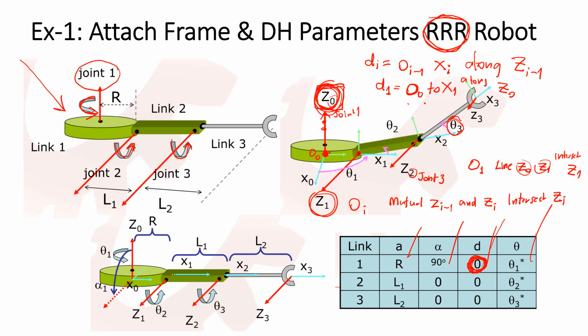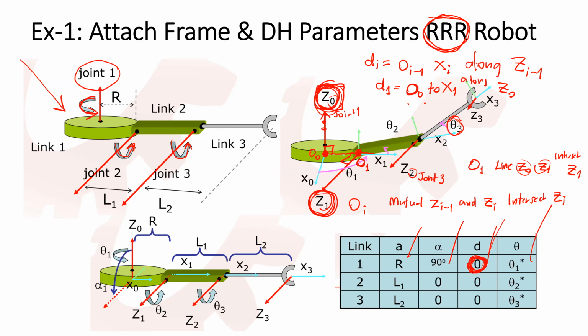Of course, it's going to be this line that is perpendicular to Z0 and perpendicular to Z1. And this line will intersect Z1 at this point. So this point is going to be the origin of frame 1.